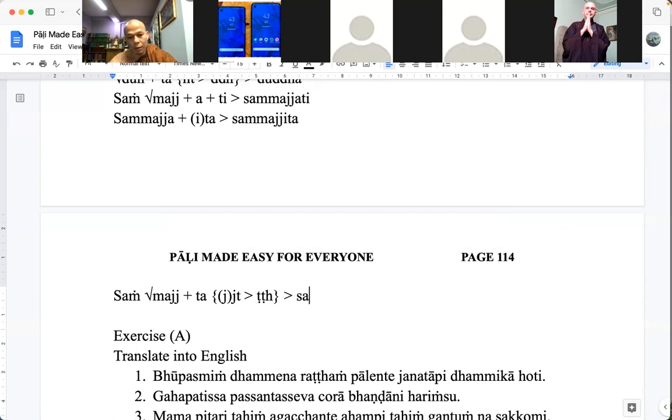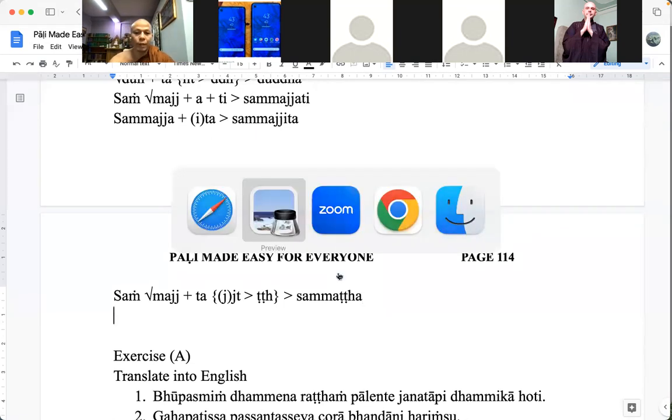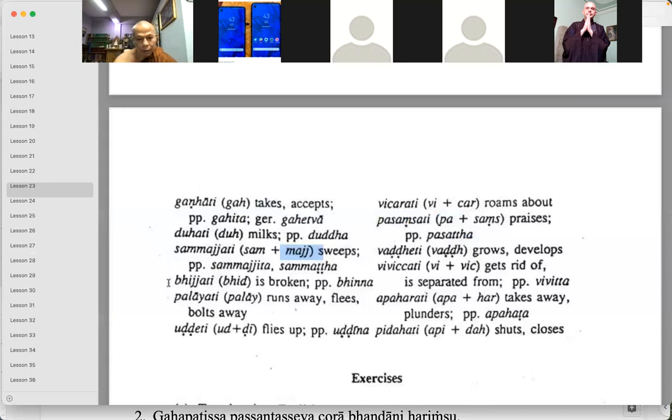So that is why we have another form, sammatta. That is from the root. From the root. And then bhijjati. So bhijjati is a passive form.